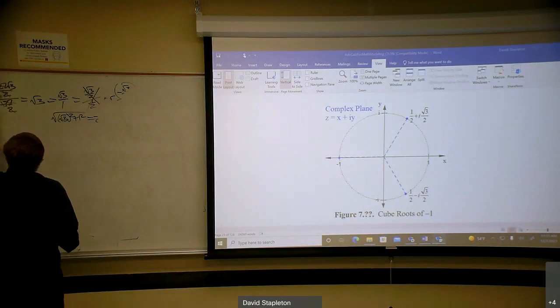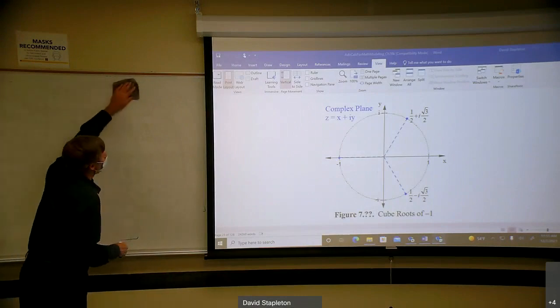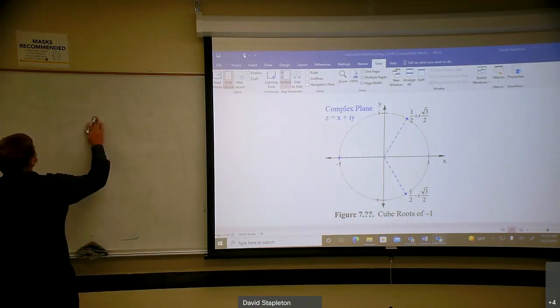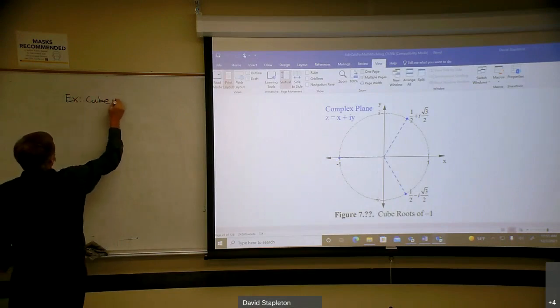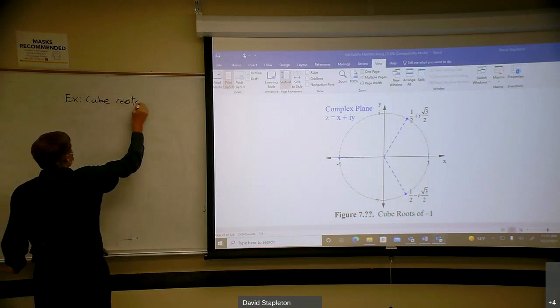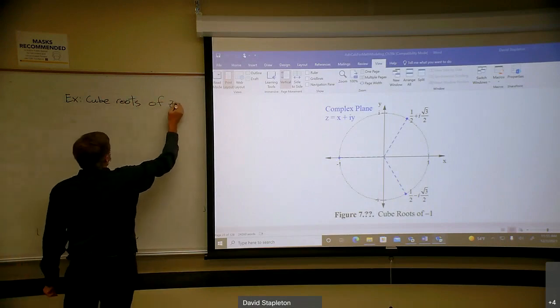This will explain the geometry a little better. Example, cube roots, the 3rd roots of z equals negative 1.